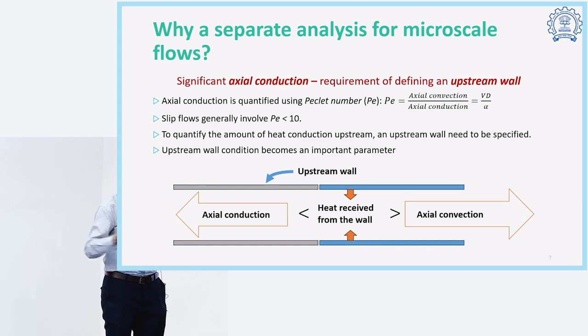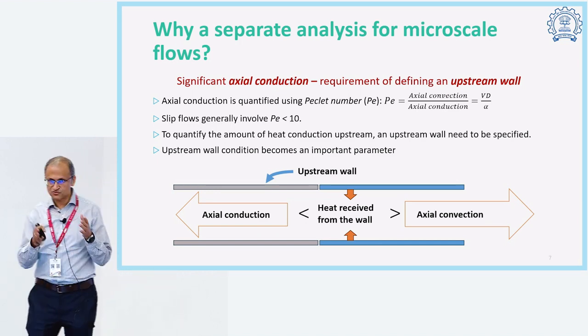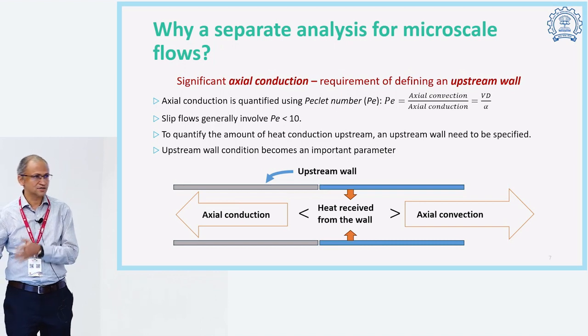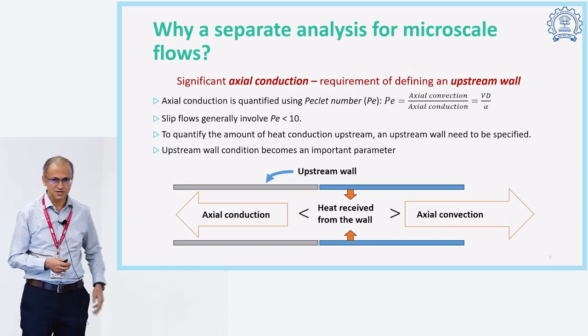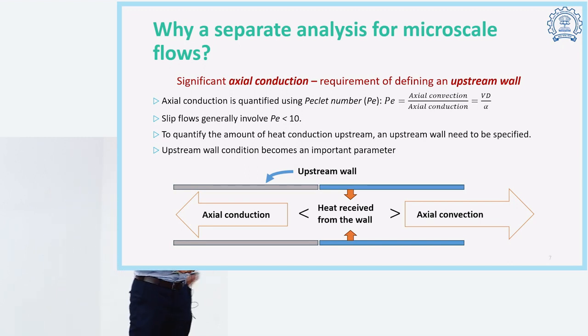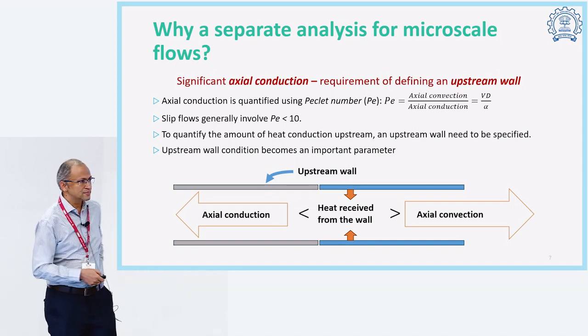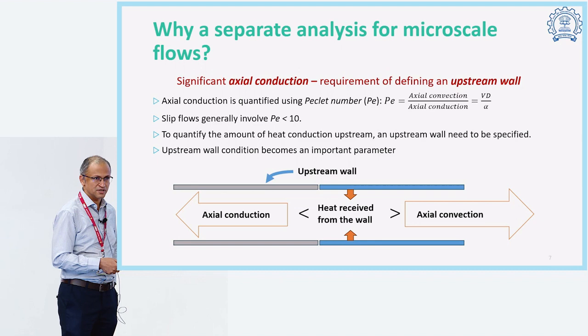So again, if you look at Incropera, for example, you say that axial conduction in the fluid becomes negligible if the Peclet number is greater than 150. That's what Incropera, for example, would say. Whereas in these cases, the Peclet number, which is a product of Reynolds and Prandtl number, starts becoming small, and then this axial conduction starts becoming very, very important.